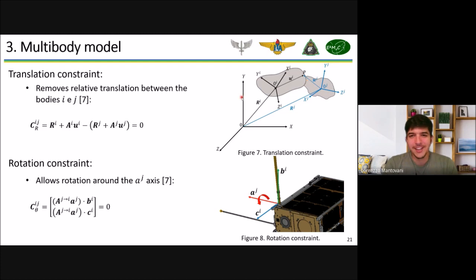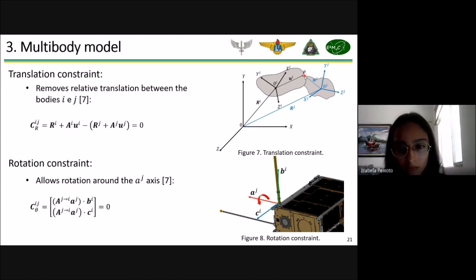Deixa eu tentar explicar de alguma outra forma. A ideia do ponto P é que é um ponto que une esses dois corpos. Ele é um ponto único, comum aos dois. Então só tem uma posição que ele pode ter no sistema inercial, e essa posição tem que ser comum aos dois corpos.